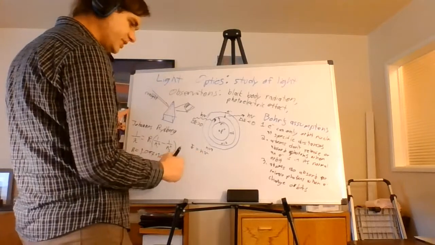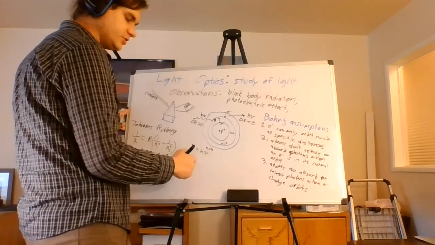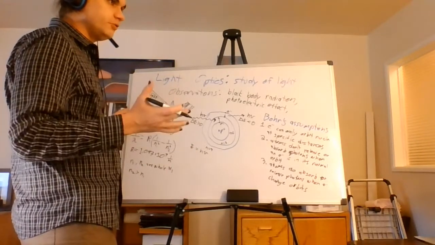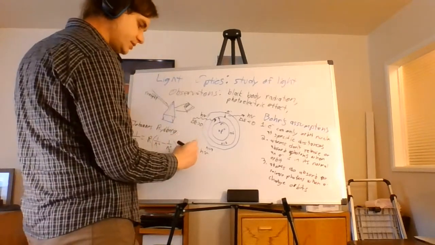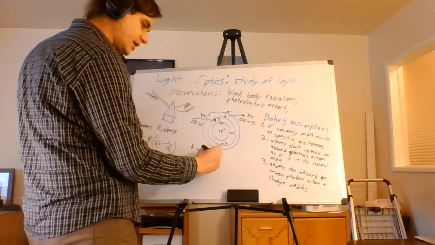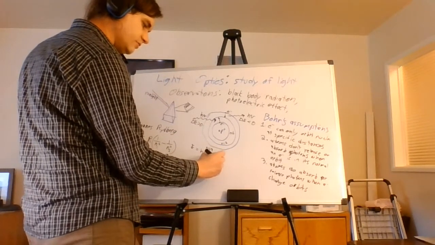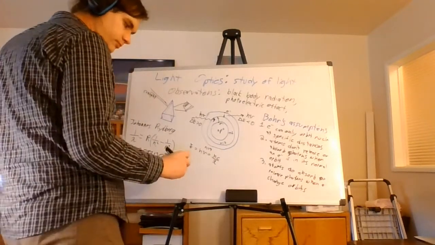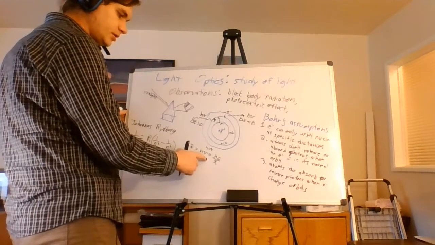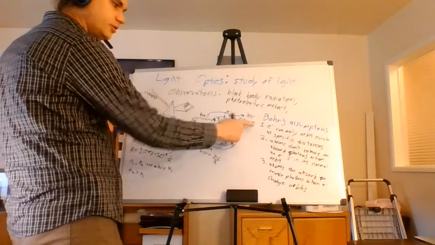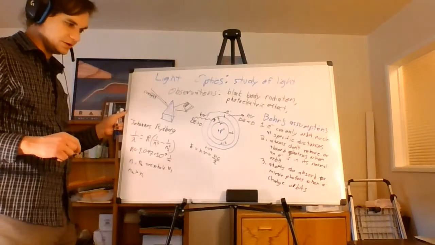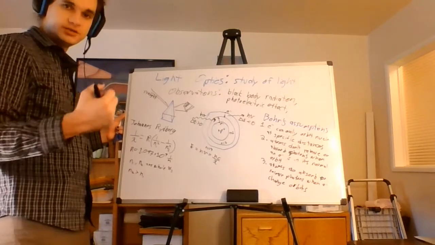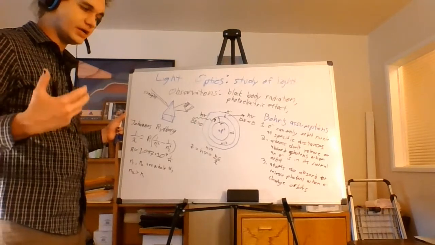Now, because the frequency is related to the wavelength through the speed of light, you can rewrite this as hc over lambda. And so you can apply Bohr's assumptions to the Rydberg equation to get the energies at which light is absorbed or emitted by hydrogen atoms.